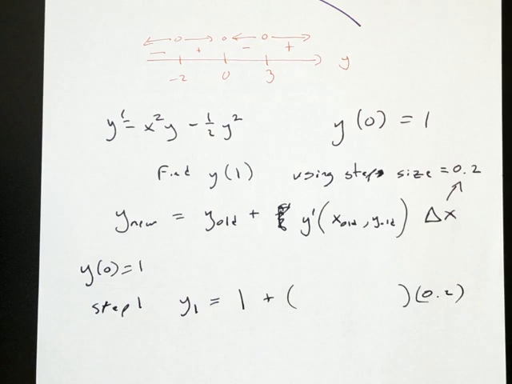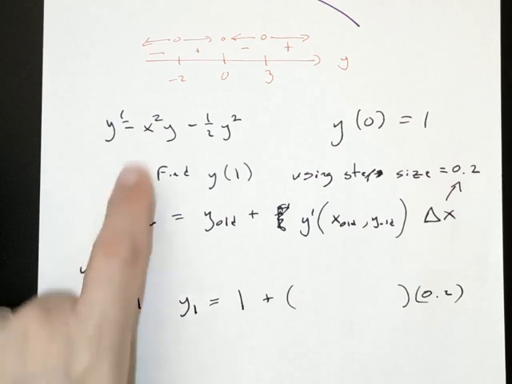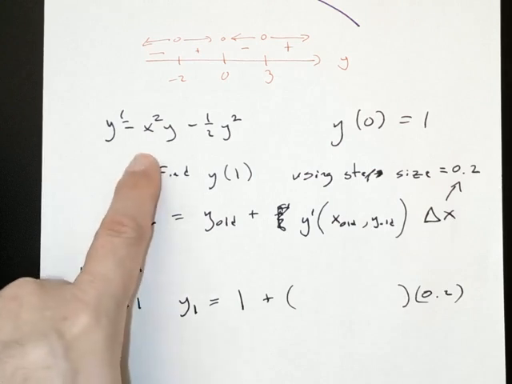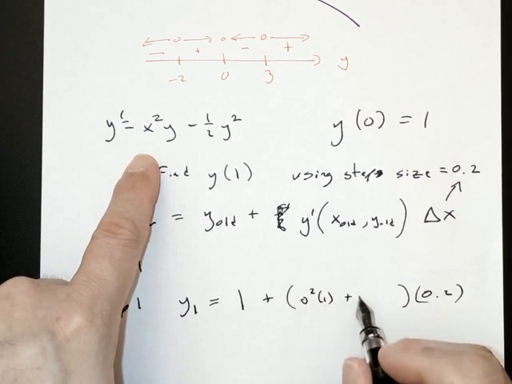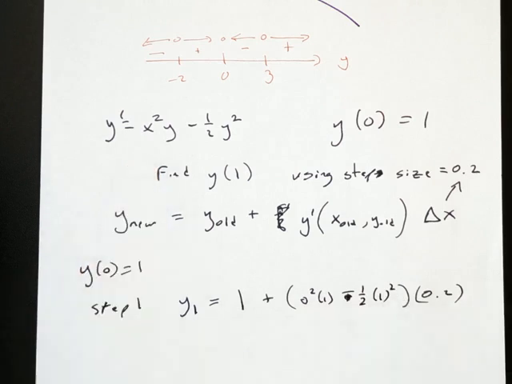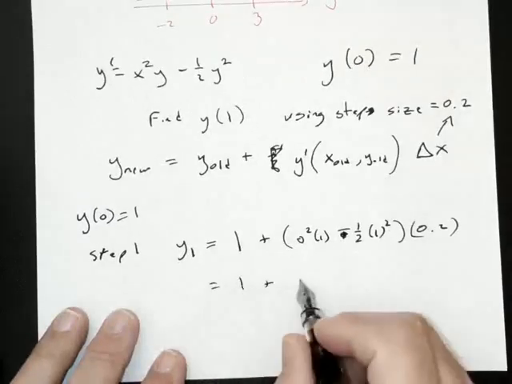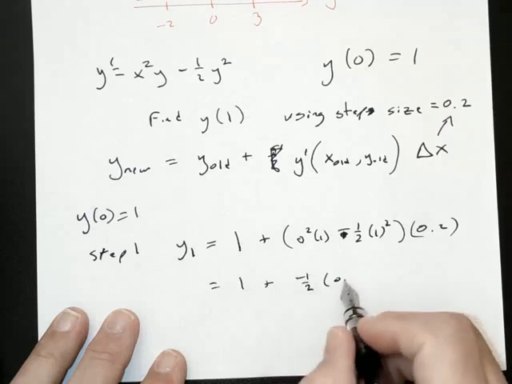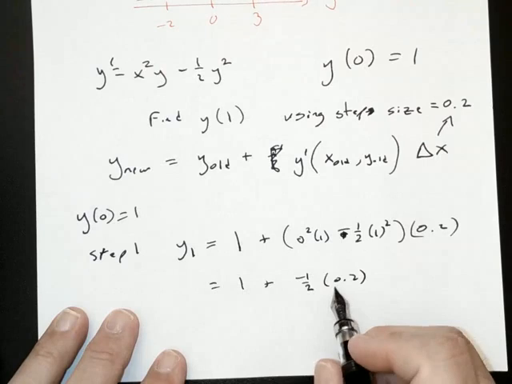How do I find slope? I put the old numbers into this equation. 0 squared times 1 minus 1/2 1 squared. What's my slope? Well, that makes that negative 0.1, right?